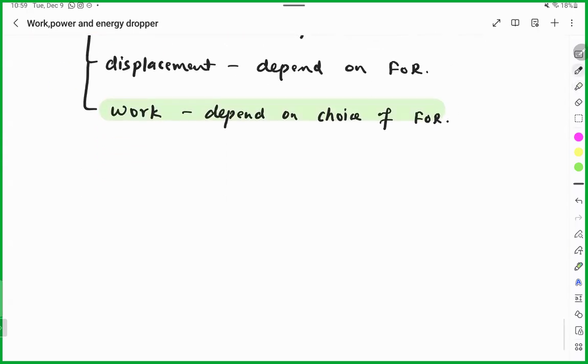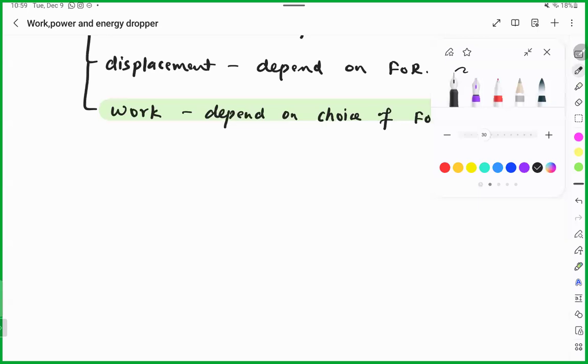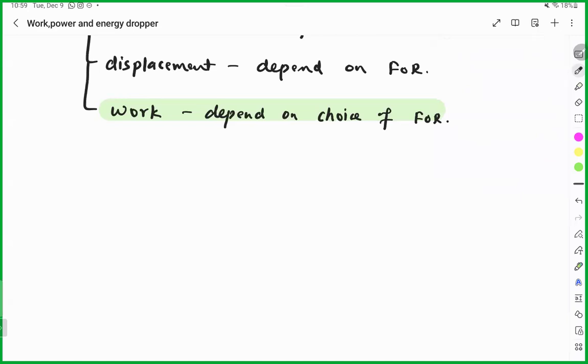Also talking about the unit, we know the SI unit is joule or kg meter square per second square. What is the CGS unit? Erg.